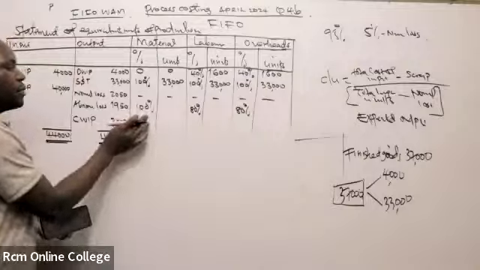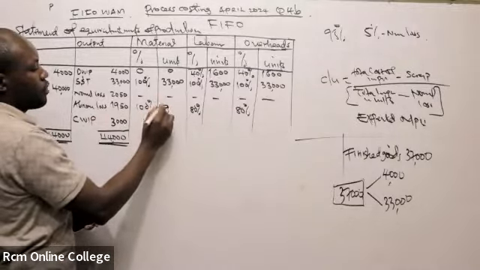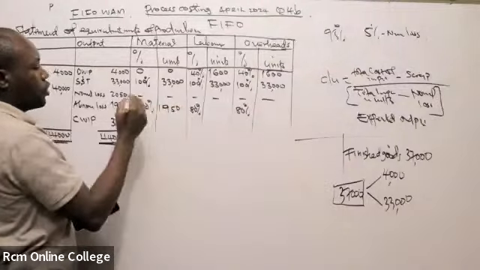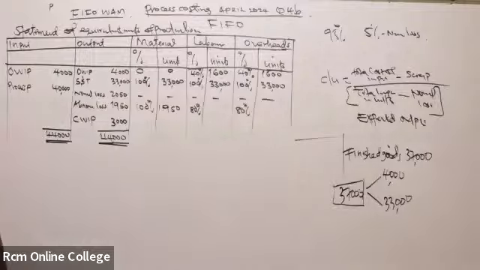So what is 100% of 1950? That is 1950. What is 80% of 1950?